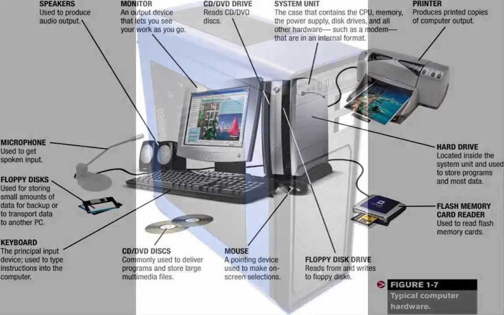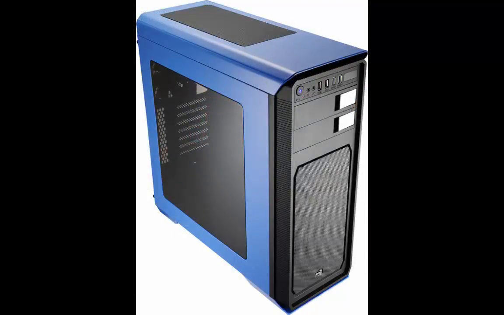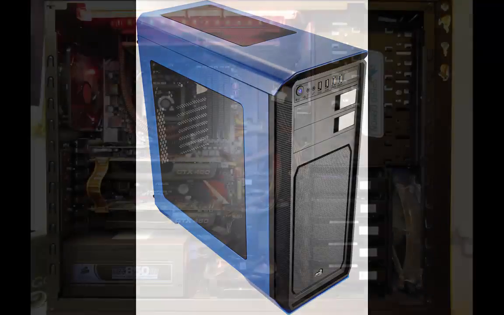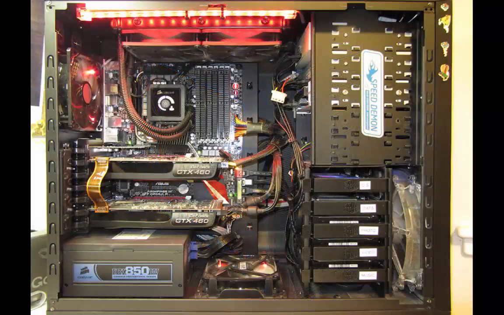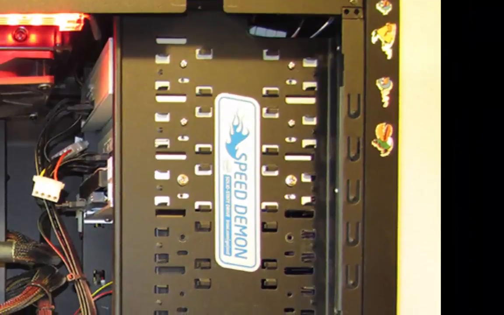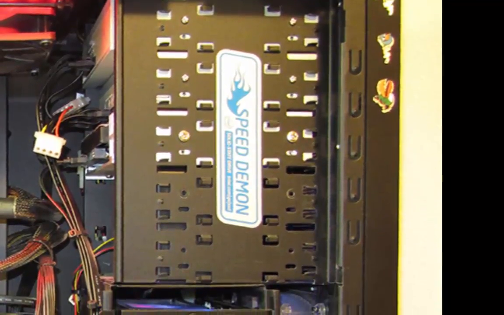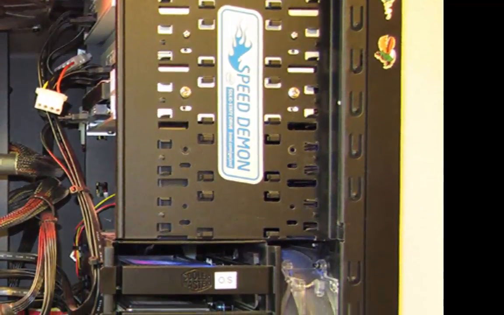Okay, so let's start. So as you can see, this is the case of a computer. On the right side you have all these spaces in which your drives live.